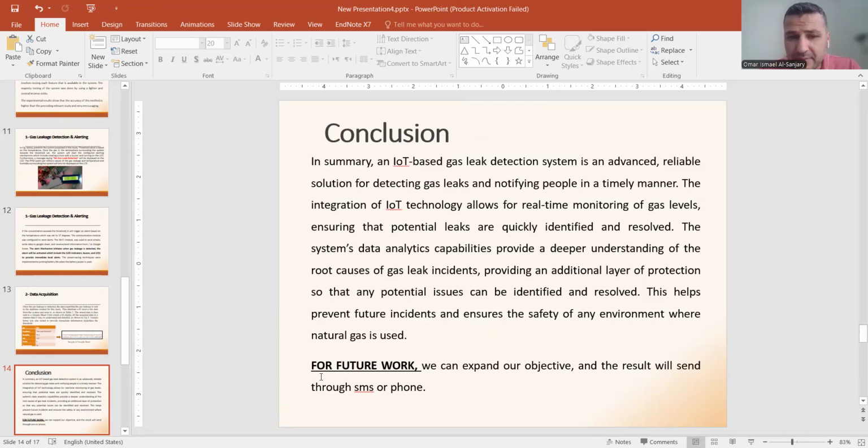This also helps prevent future incidents and ensures the safety of any environment where natural gas is used. For our future work, we may provide an application that sends data to the users in real time, updating all the data through the application.